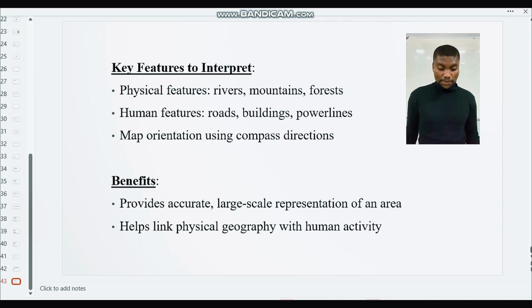We have map orientation, using compass direction. Also, there are benefits, which include providing an accurate large-scale representation of an area, and linking physical geography with human activity.